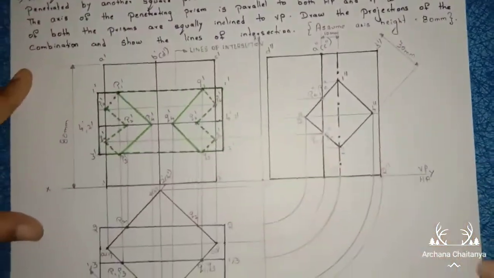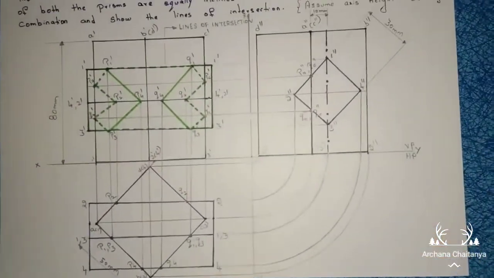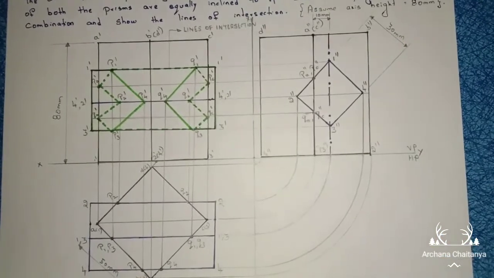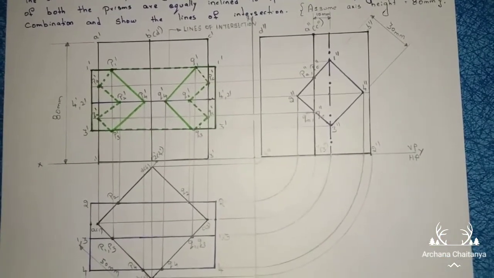So this is your problem of square prism penetrating square prism such that their axes are 10 mm apart.